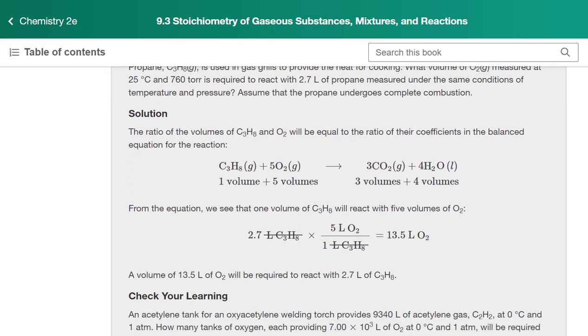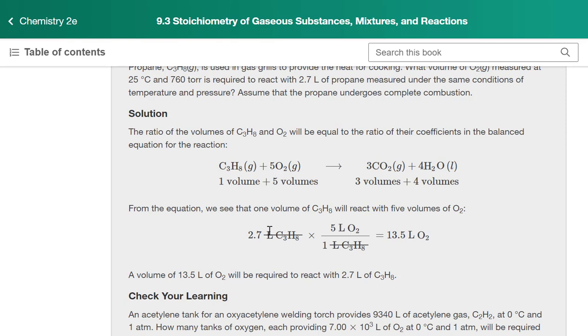So what we can do is we can say the amount of the propane is equal to 5 times the amount of oxygen. Okay, so it's a 1 to 5.